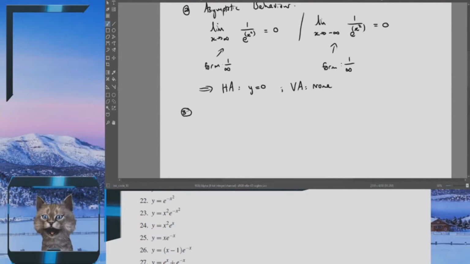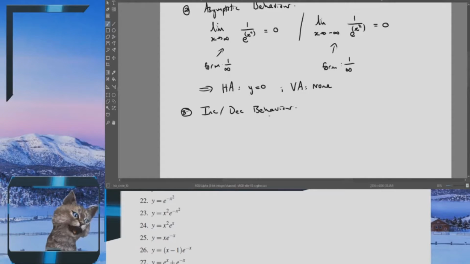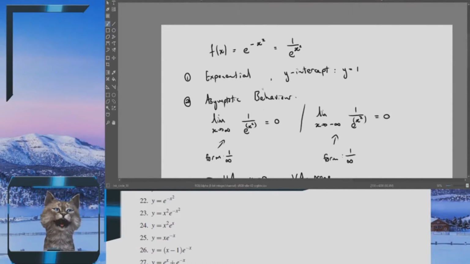Step 3, we want to look at increasing and decreasing behavior. And for that, we need to look at its derivative. But I want to look at the function in the most convenient form. I'm not going to do a quotient rule, especially not coming out of my previous rational function.